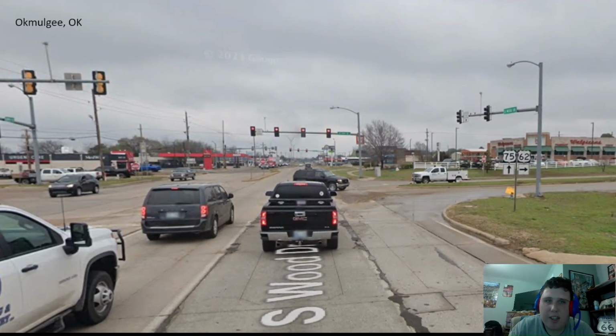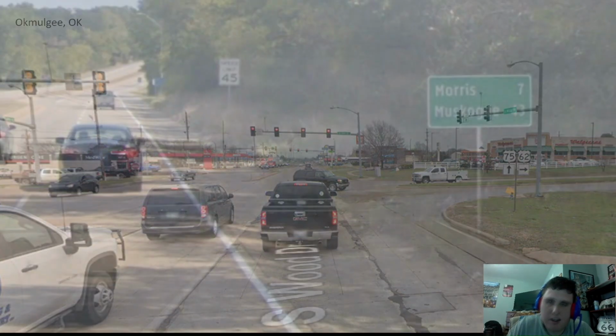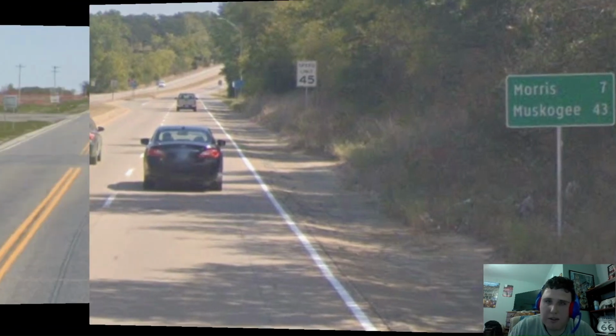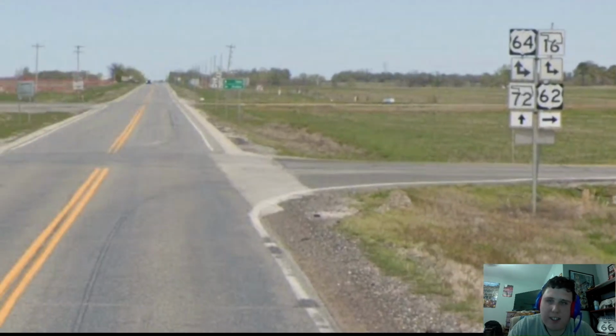Here is US 62 splitting off from US 75 here in Okmulgee, Oklahoma, as US 62 heads to Muskogee, Oklahoma. On our way to Muskogee, we have a mileage sign, and Muskogee is mentioned at 43 miles away. Here we're meeting US 64, and 64 and 62 are concurrent with each other as we head toward Muskogee.